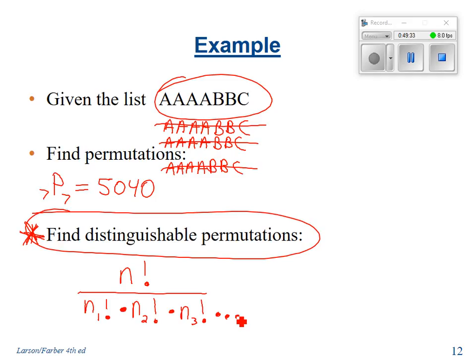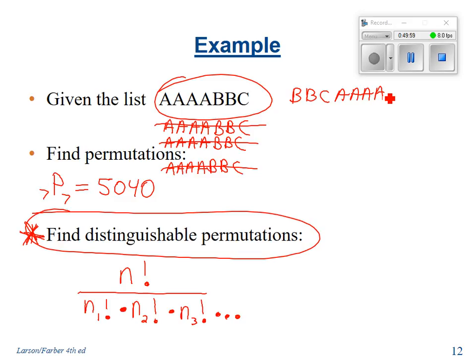5,040 different ways, different permutations that we could put those letters. But if we want all the ones that just look different, so we want this, then we want one like that's a different permutation. That looks completely different now, right? If we want just those ones that look different, ones that we can distinguish separately, this is the way we do it.